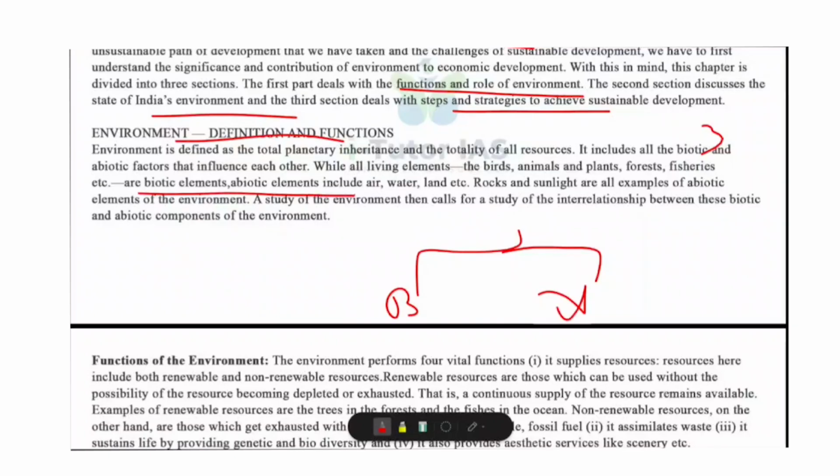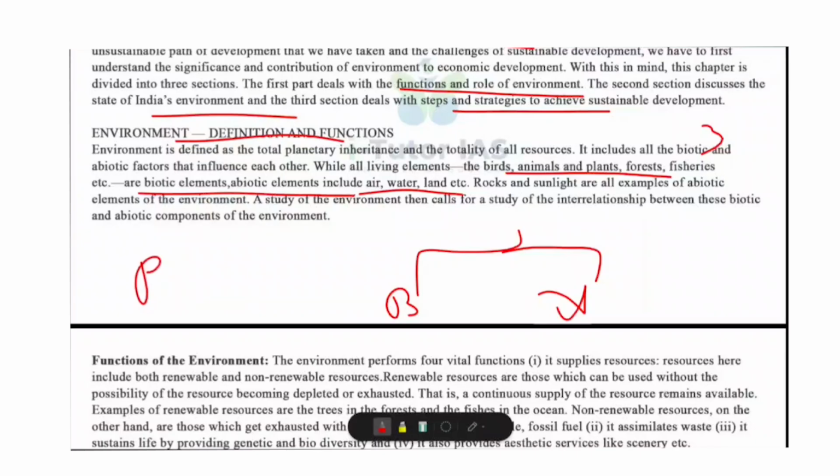Biotic means the living things like birds, animals, plants, forests and fisheries. Abiotic components means the non-living things like air, water, land, rocks and sunlight. Both of these constantly interact with each other. For example, plants are biotic components, right?